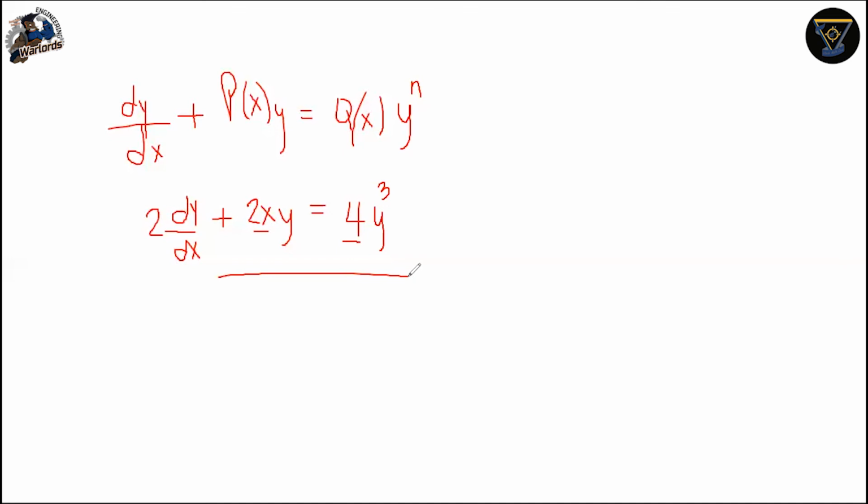And the last one you have is the exact differential equation. If it's an exact differential equation, you use partial derivatives and they have to be equal to each other.